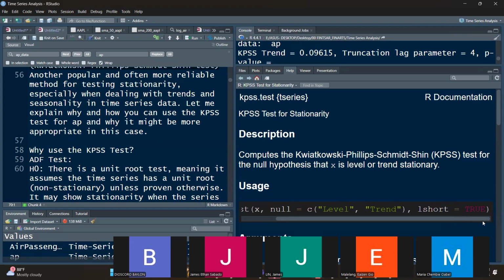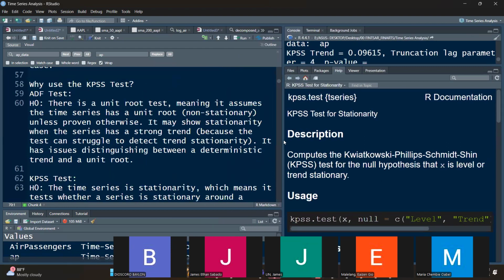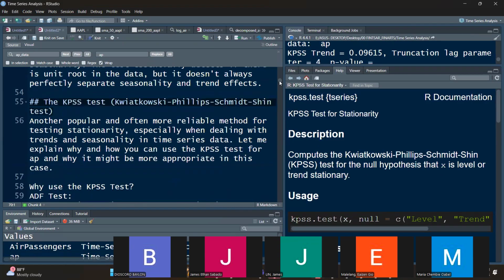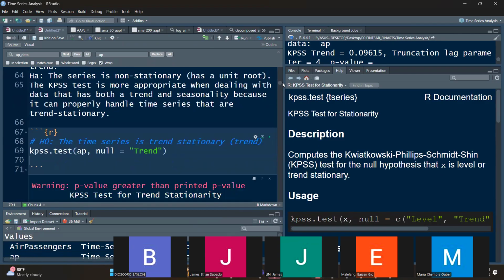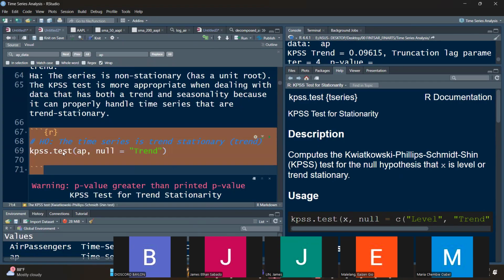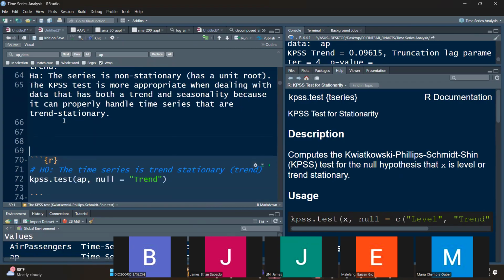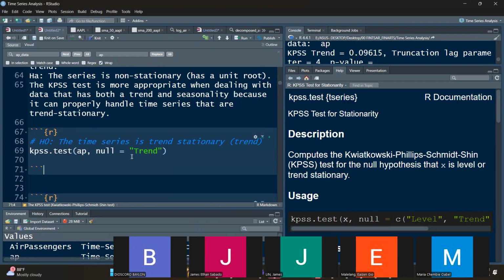So we can actually test this at level, which I didn't test last time. Let's copy this, Control C, Control V, and then instead of null is equal to trend, I'm going to put here level.